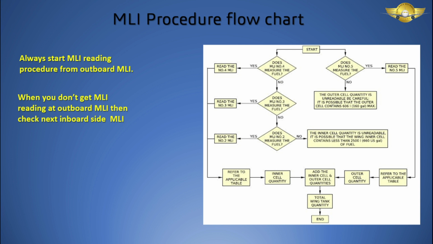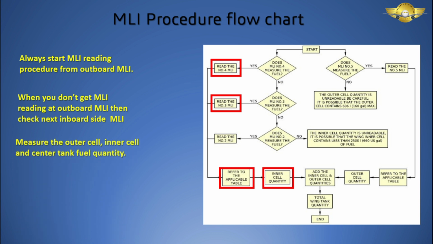Like the procedure given in the flowchart, start with MLI number 4. If you don't get the reading at MLI number 4, move to check the next inboard side MLI number 3. And if you get a reading at MLI number 3, then refer to the applicable table, and this would be the inner cell fuel quantity. Apply the same procedure for the outer cell and center tank.